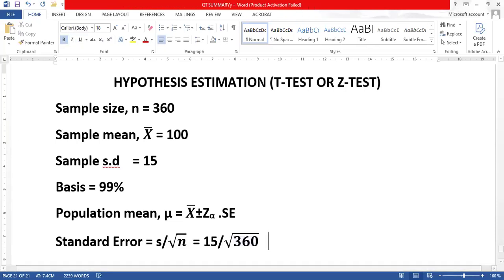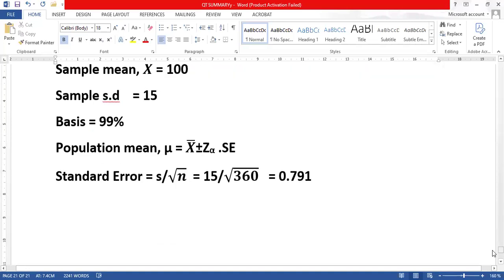Use your calculator directly and get the answer. 0.7906, to three decimal places 0.791. All of you, that's what you have? Yes. Okay. That is our standard error.